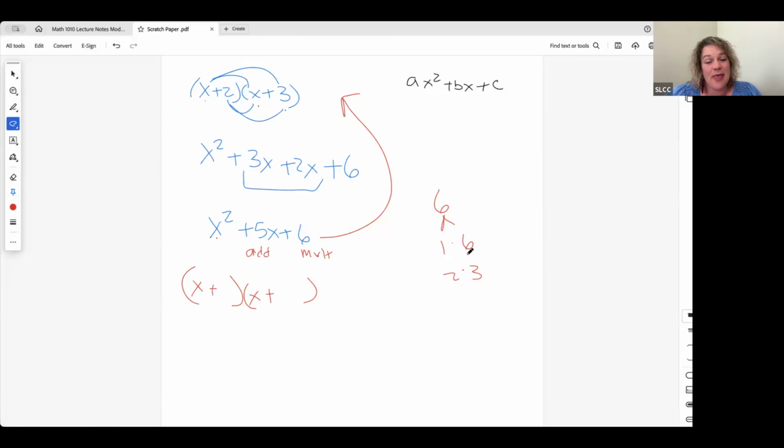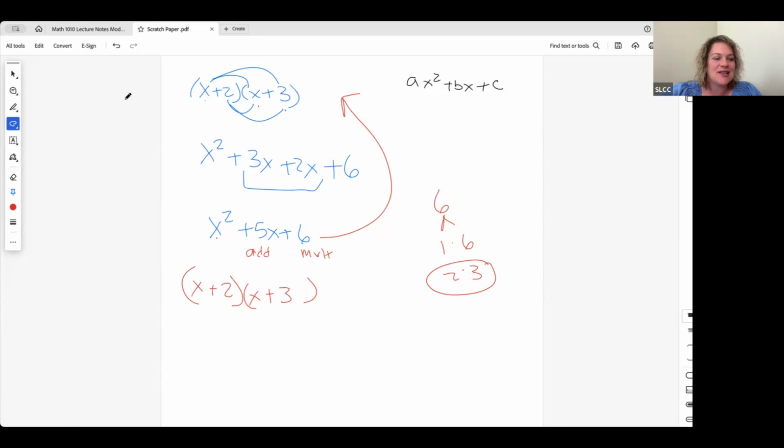For this case, there's not that many, but you might have a number that has a lot more in their list. So write them out if you need to. And notice 2 plus 3 will give me 5. Now 6 minus 1 would give me 5, but we have two signs that are positive, so stick with the 2 and the 3. These multiply to give me 6 and add to give me 5.